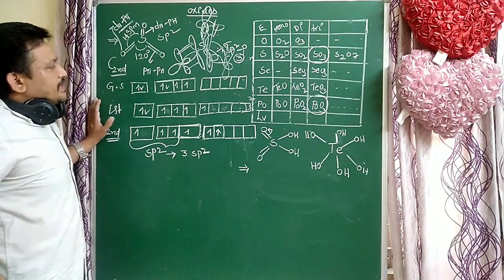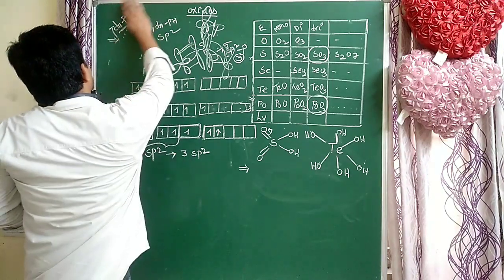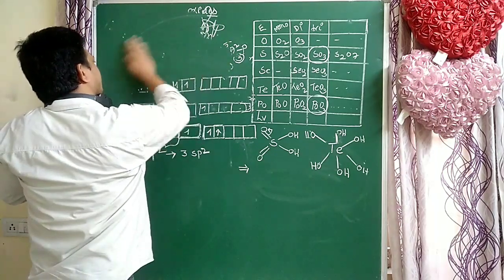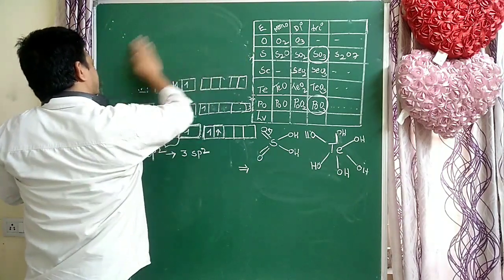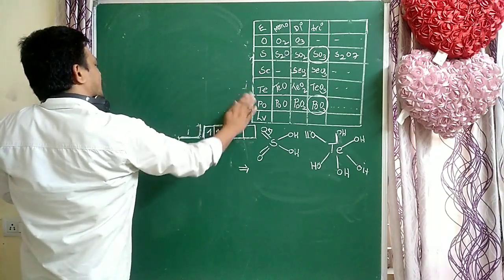In the solid state, sulfur trioxide exists in three or more different forms: alpha, beta, gamma.